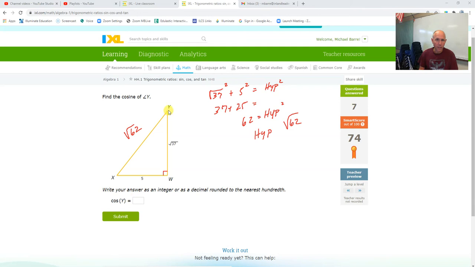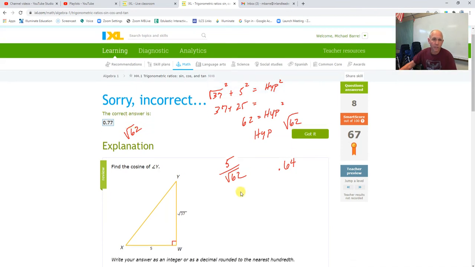Cosine of y. Cosine is opposite over hypotenuse. So opposite 5 over the square root of 62. Using a calculator, 5 divided by square root of 62, 0.64. 0.77.